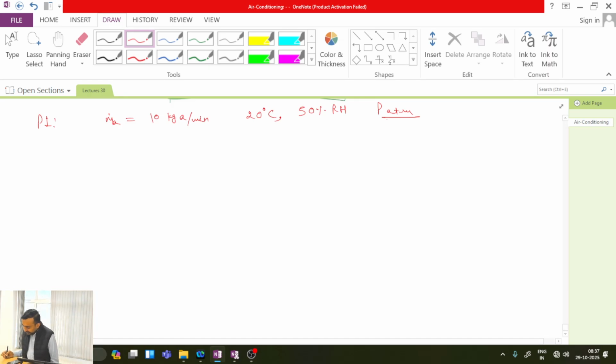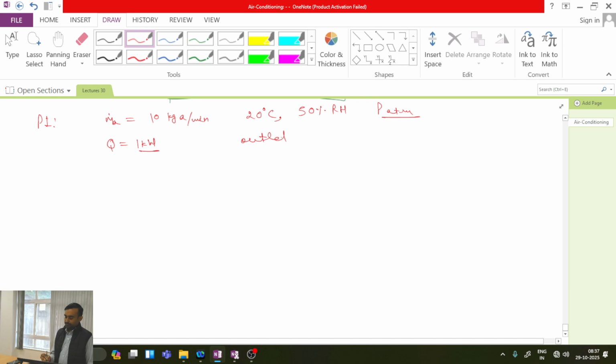If it is heated by a heater of 1 kilowatt capacity, it means we have a heater of how much capacity? 1 kilowatt capacity. Then what do we need to do? We need to determine the outlet state. Very simple problem.